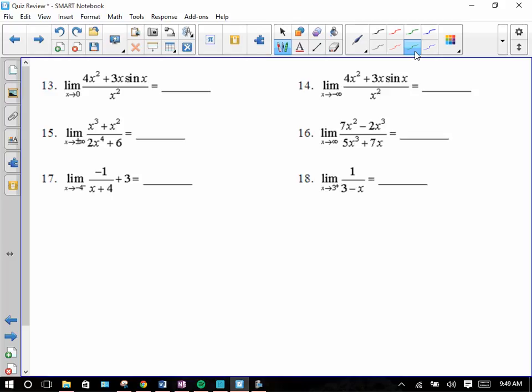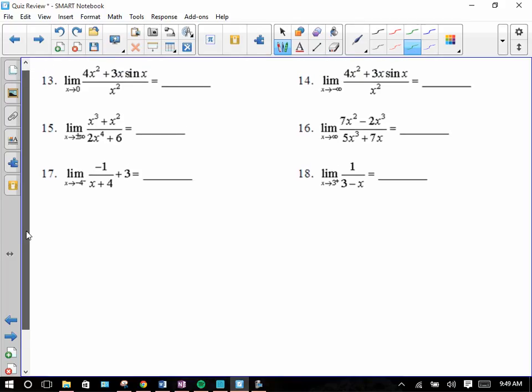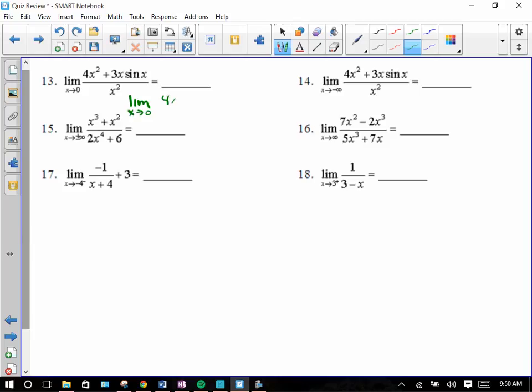So we have properties of limits. I'm going to rewrite that as the limit as x approaches 0 of 4x squared over x squared plus 3x sine x over x squared.